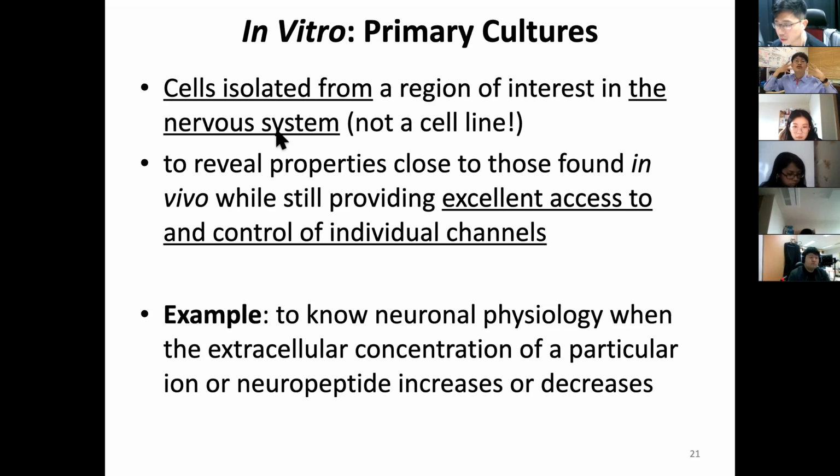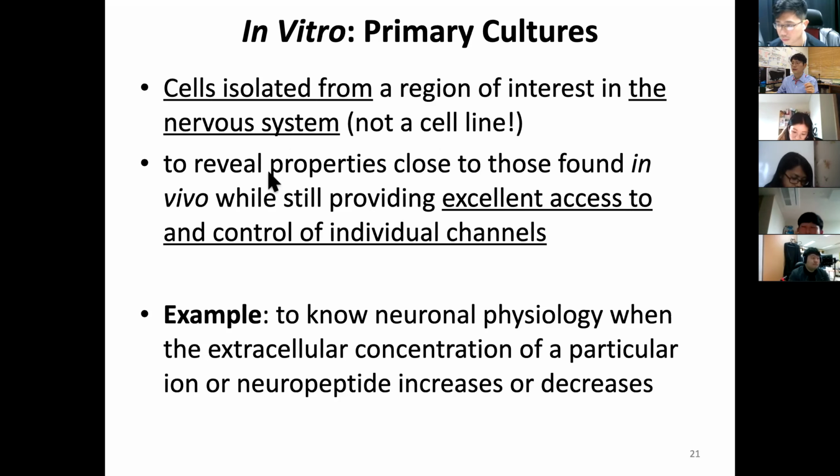If I'm interested in trigeminal neurons, then you have to go to the trigeminal and pull them out, okay? And isolate. That's called in vitro. I'm not talking about cell lines, which you may be familiar with from cancer biology, where people use immortalized cell lines. This is primary. Primary cells are not immortal, so you have only a limited time window to study them.